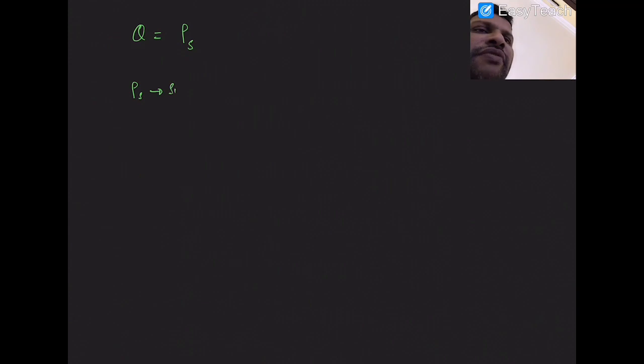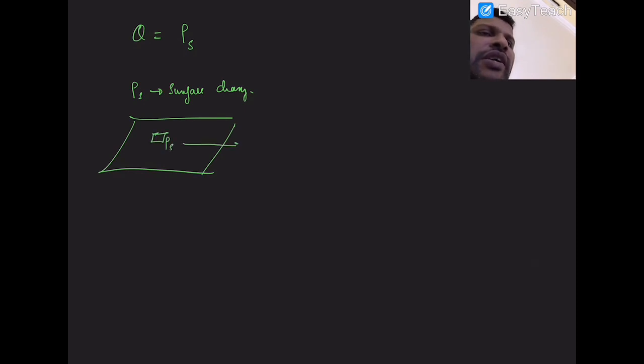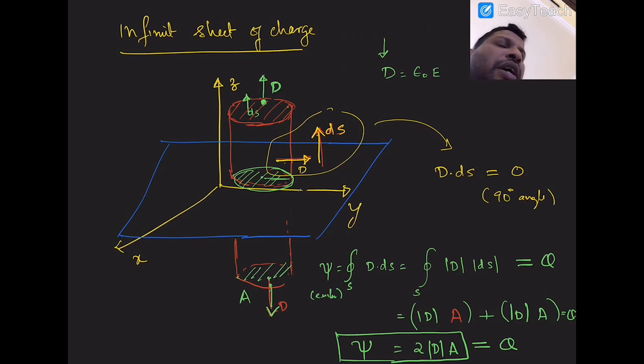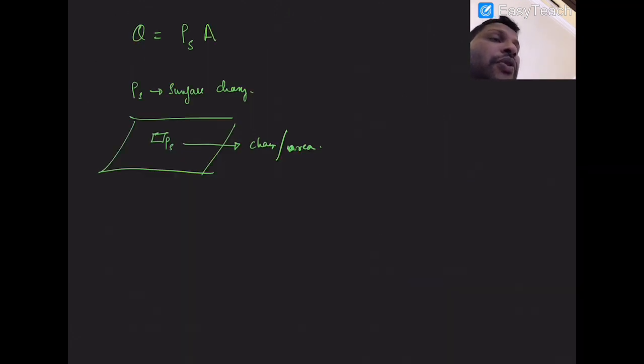Rho s is the surface charge density, that is, the charge per unit area. Then you have to multiply with the area. So the area on the top, bottom and on the plate will be the same, if we are considering a cylindrical symmetrical structure. Now you see this will be equal to rho s into A.